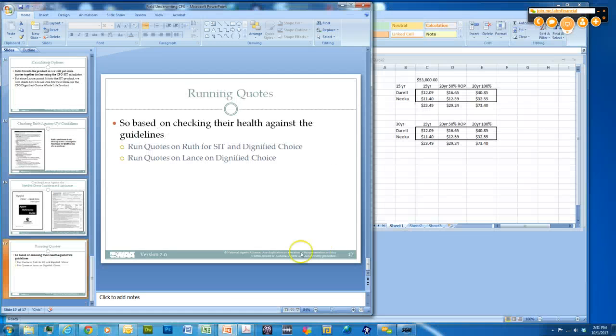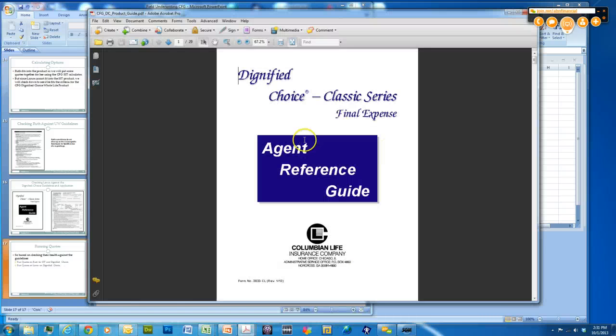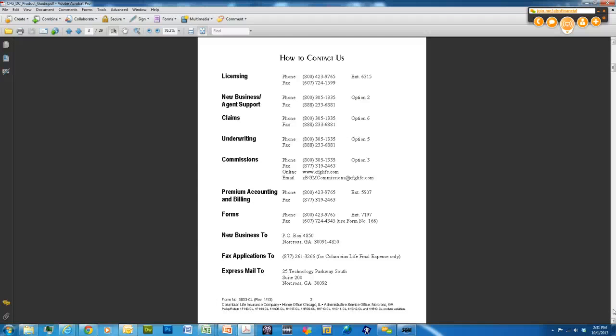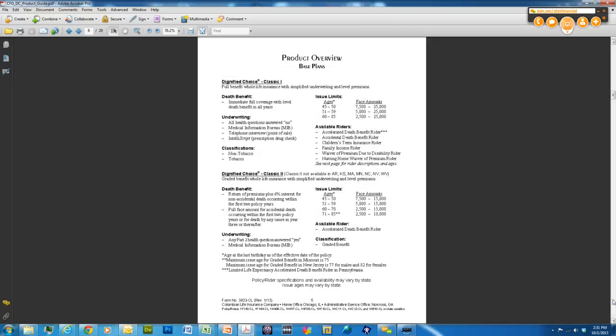So let's take a look at that for him. The product guide for Dignified Choice looks like this. It has the contact information and just general information here.